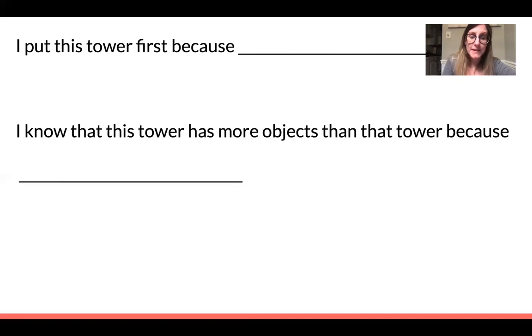I know that this tower has more objects than that tower because. I know that this tower has more objects than that tower because. Wow, that was some really good thinking.